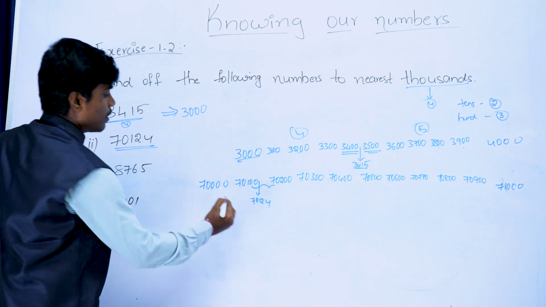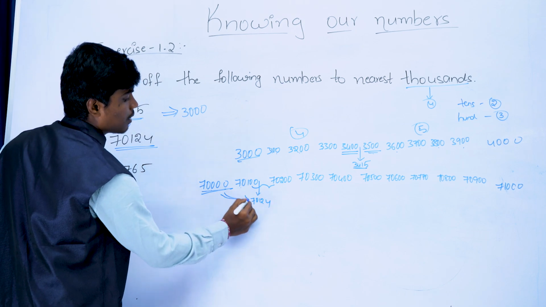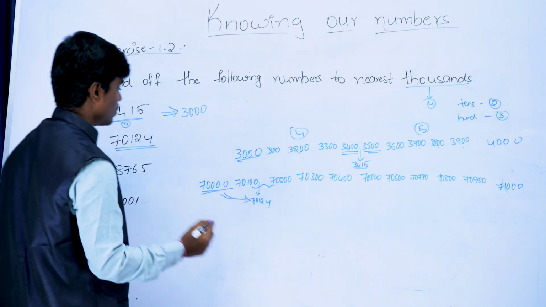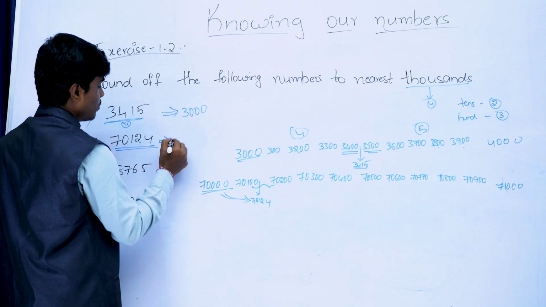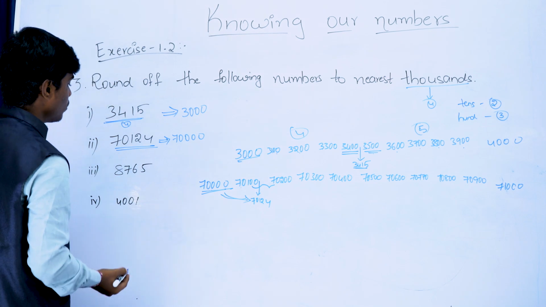We can clearly observe that 70,000 is nearer than 71,000. So it is rounded to 70,000.